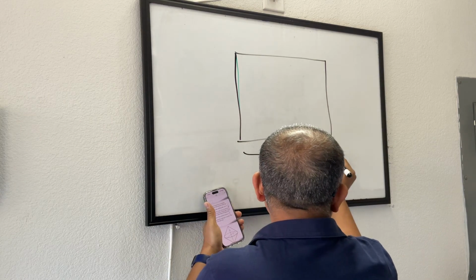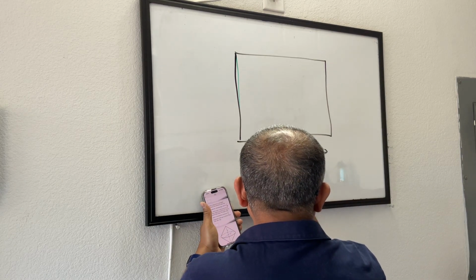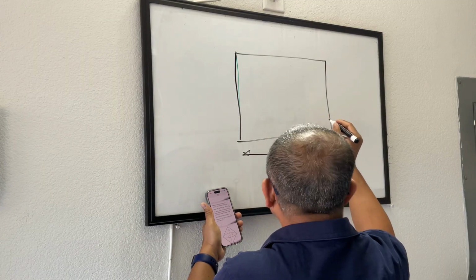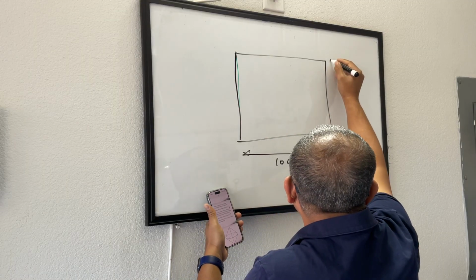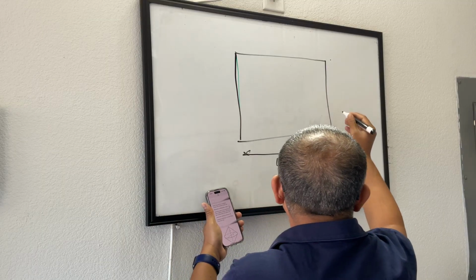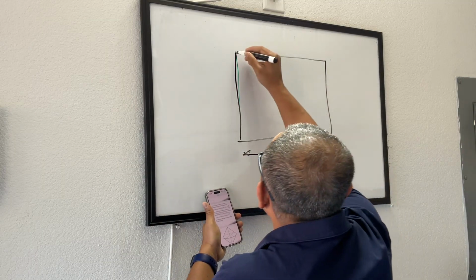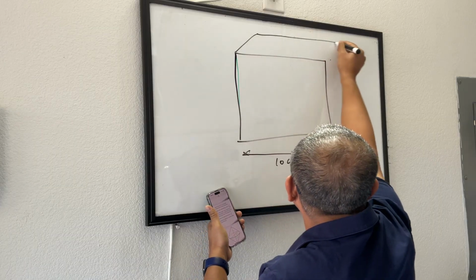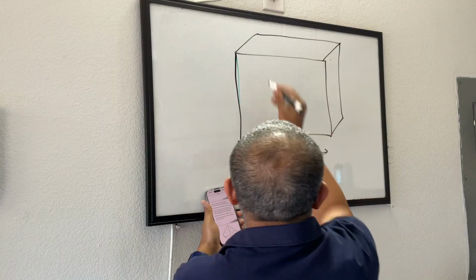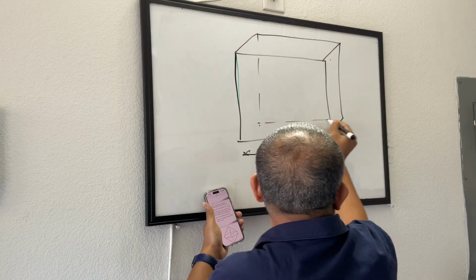So if this is the length, this is 10 centimeter, 12 centimeter wide and 9 centimeter high. Now we cannot fill water in a rectangle. It has to be a three-dimensional object. So now this probably makes a little more sense.